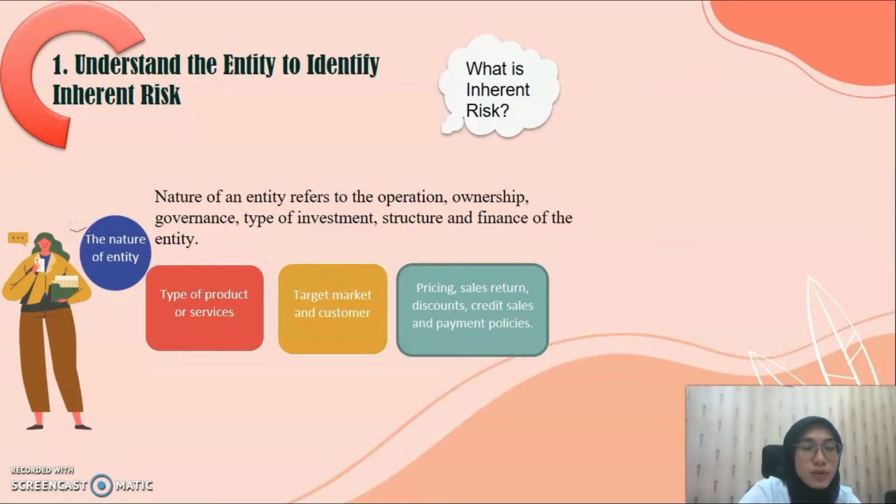So we go to the first one of the nature of entity, which is type of product or services. This can help the entity to know the gross margin, which is the sale revenue that the company retains after incurring direct costs used for the making of the product or services provided. As an example, I choose Dairy Ready Milk Industry Berhad.